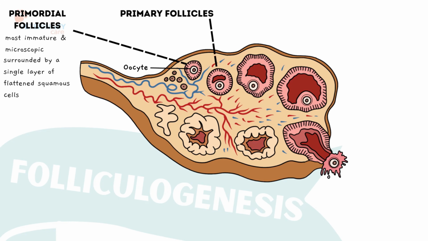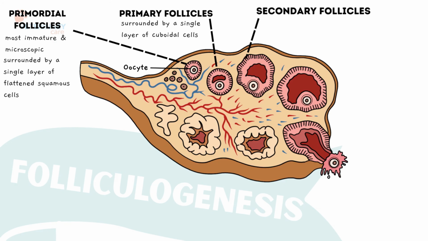These can develop into primary follicles, where the oocyte is now surrounded by a single layer of cuboidal cells. Then they become secondary follicles, which have multiple layers of cells around the oocyte but still no cavity. Here, the oocyte is surrounded by a protective layer called the zona pellucida.